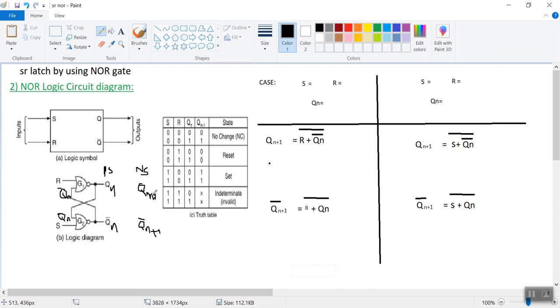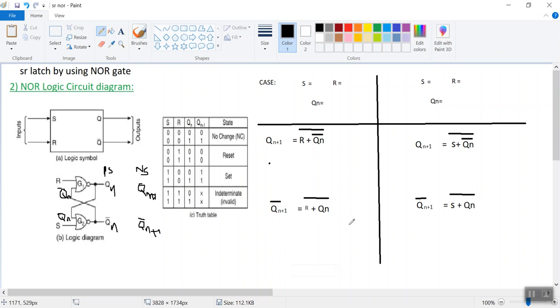Now the Qn plus 1 expression for this NOR gate: NOR means an addition operation followed by an inverter operation. My inputs are R and Qn bar, so I have written R plus Qn bar, whole complemented. In the similar way for the other gate, my output is S plus Qn, whole bar.